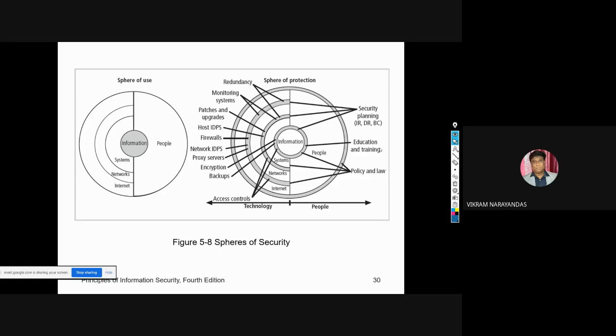Managerial control addresses the design and implementation of security planning process and security program management. Managerial control also addresses risk management and security control reviews for the organization.